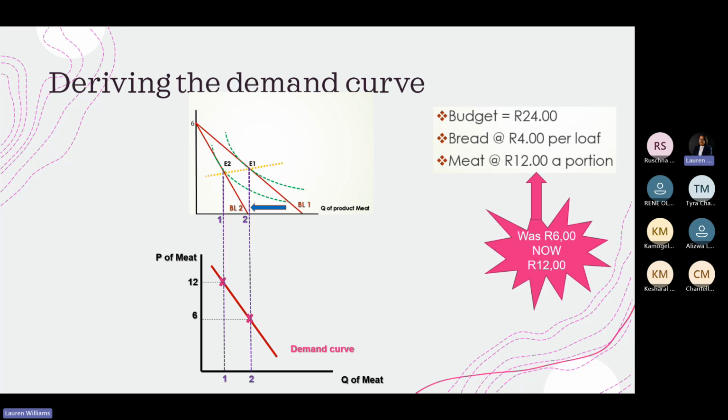In this case, you're consuming 2 units of the product. Versus if it's at 12 Rand, you are then consuming 1 unit of the product. Draw your demand curve, and that's your demand curve for meat. So it's very simple, plain and simple.